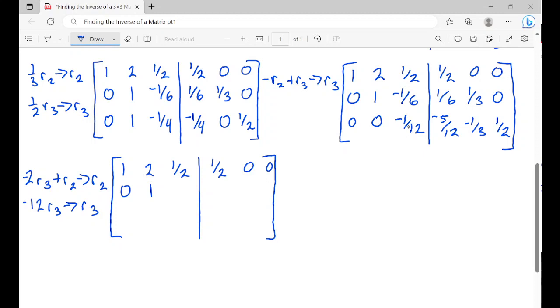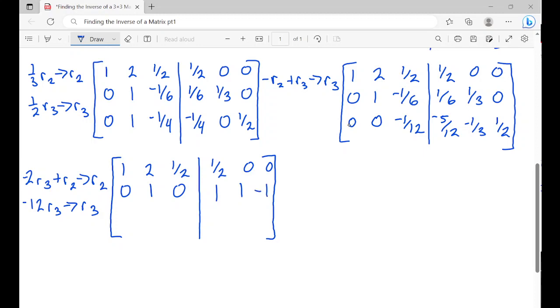Negative 2 times a negative 12th plus a negative 1/6 is going to give me 0. Negative 2 times negative 5/12 plus a 6 is going to give me 1. Negative 2 times a negative third plus 1/3 is going to give me 1. Then negative 2 times a half plus 0 is going to give me negative 1.